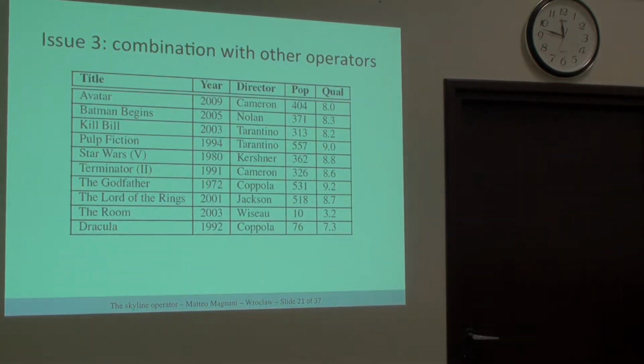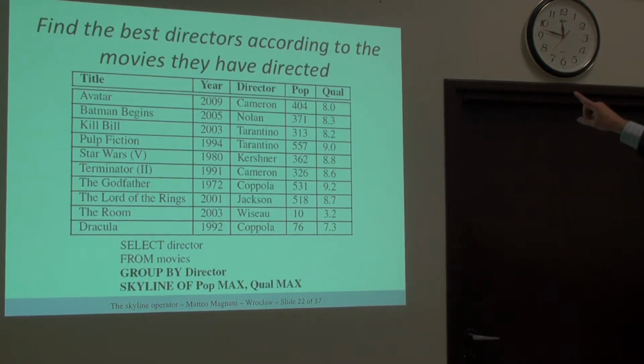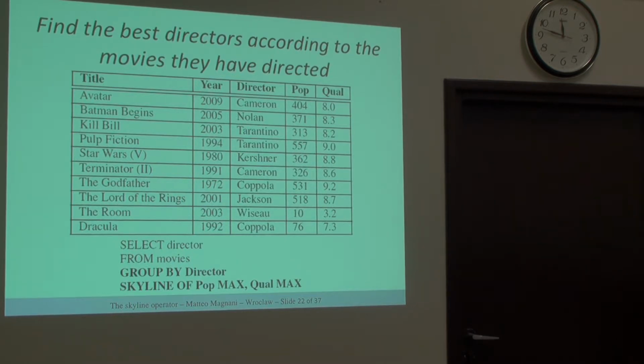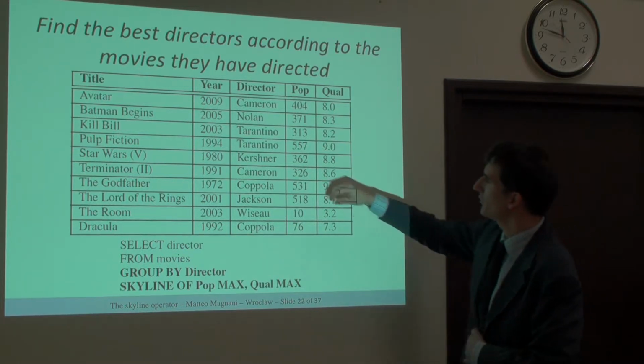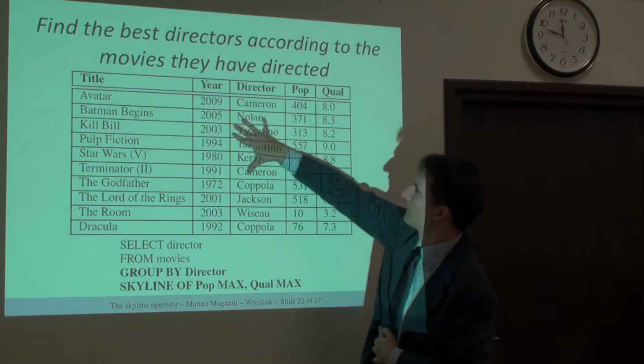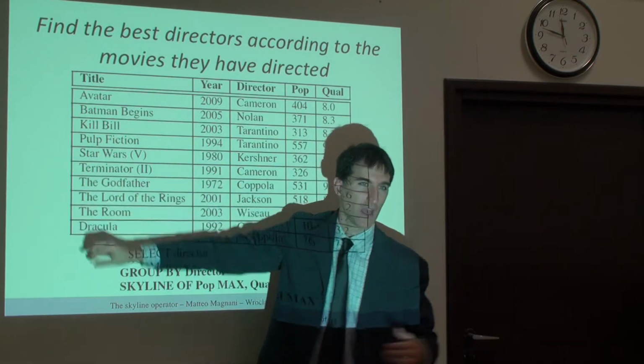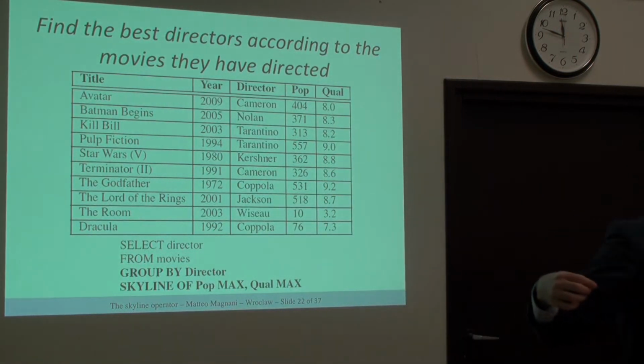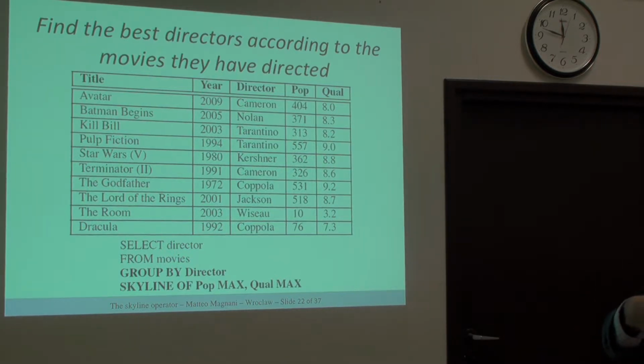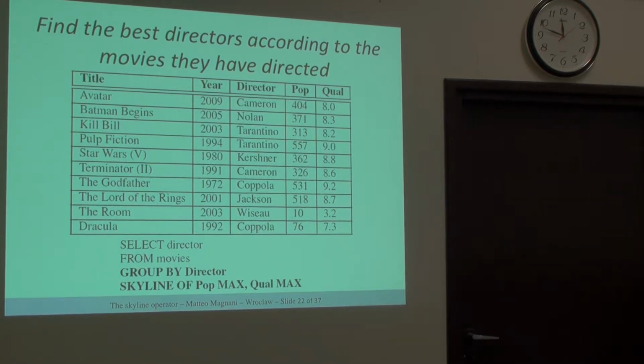Evaluation and combination of the skyline operator can be a query like that. Find the best directors. Here they are quite different, even if it sounds very similar. Find the best movies or find the best directors. But here the main difference is that the same director has directed, of course, many movies. And so to make a decision about whether the director is better than another one, you no longer have to check just a score or a parameter value, but you have to consider a set of options altogether.